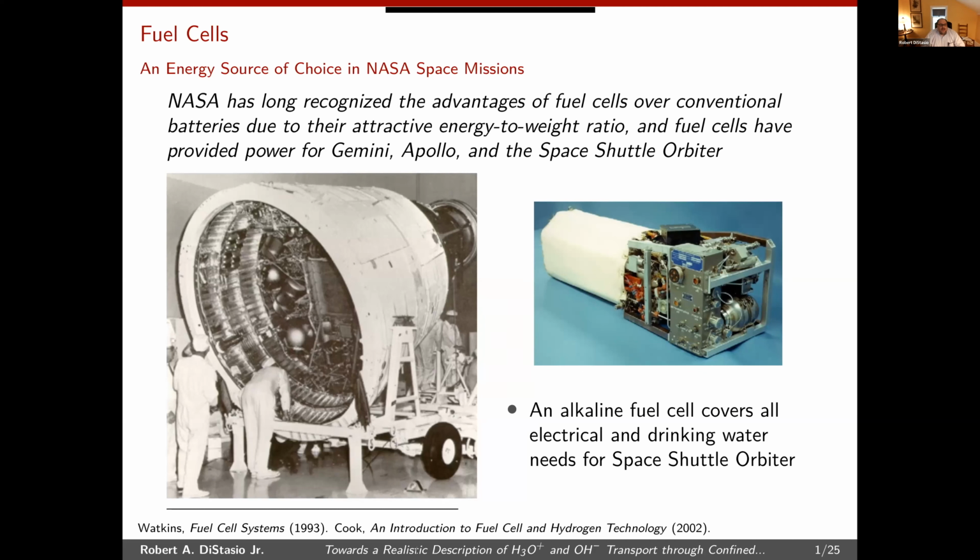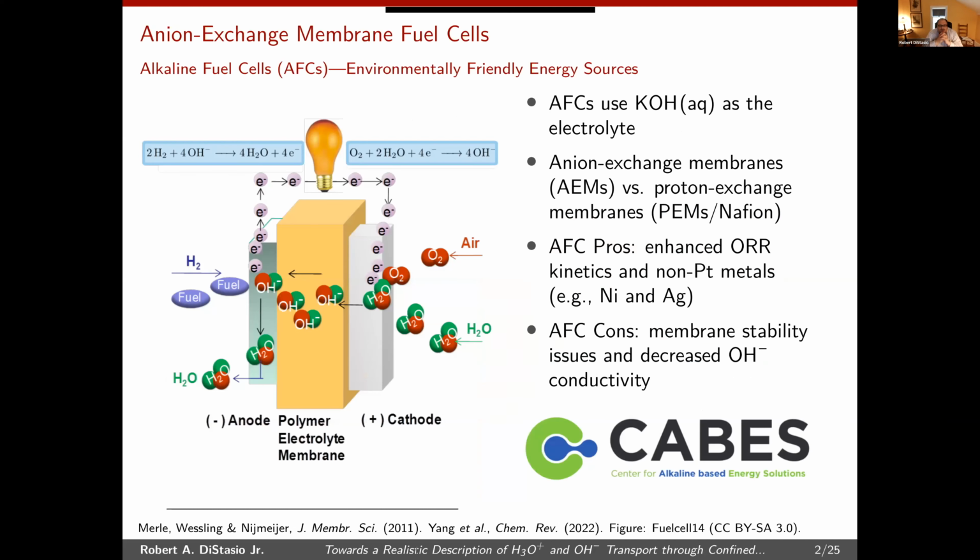Now, these alkaline fuel cells are a potentially environmentally friendly energy source, but they are a bit different from traditional acidic fuel cells. For one, they use a base, something like KOH, as the electrolyte, as opposed to an acid. That's why it's a basic or alkaline fuel cell.